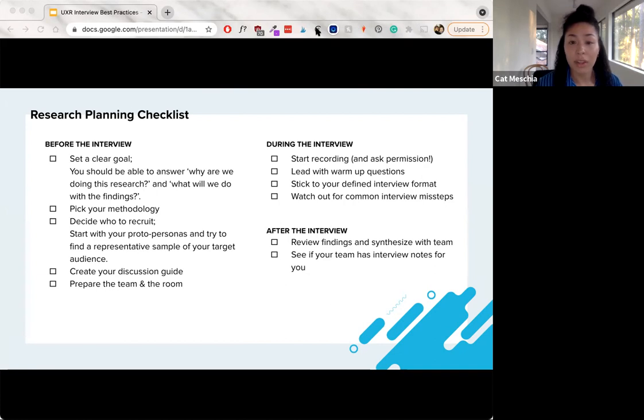Your goal should be very transparent and visible, and it should answer the two basic questions of why are you doing this research and what will you do with the findings? A lot of times people answer one or the other, but rarely are both answered in a way that the team can get alignment before the start.